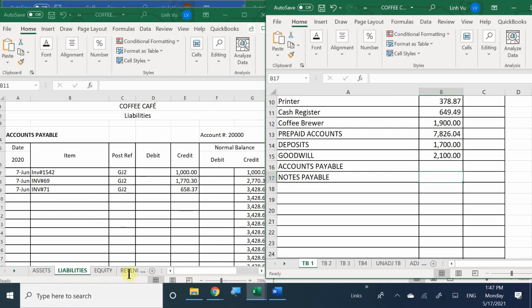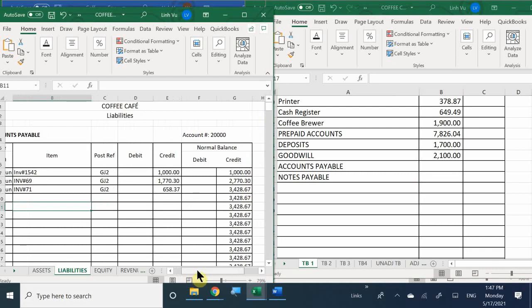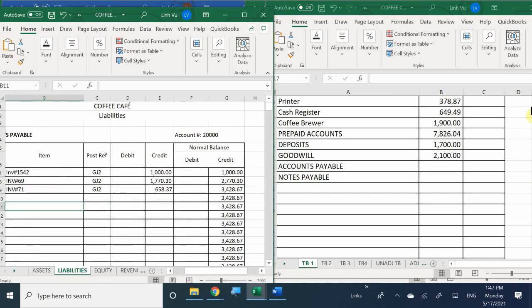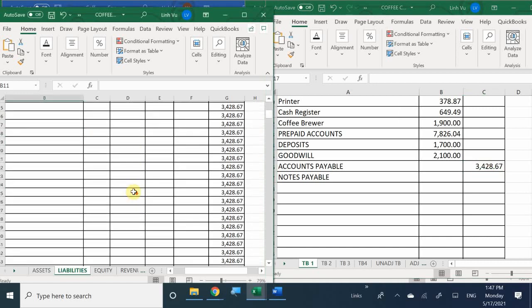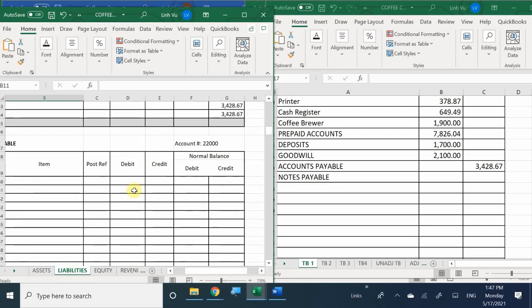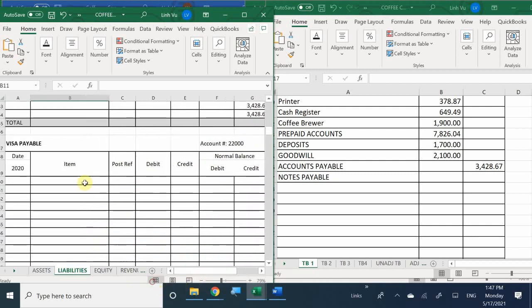So what is my current accounts payable account right now? 3,428.67. Yes. Good. All right. We haven't been approved for a business credit card yet, but as you can hint, we will be getting one.